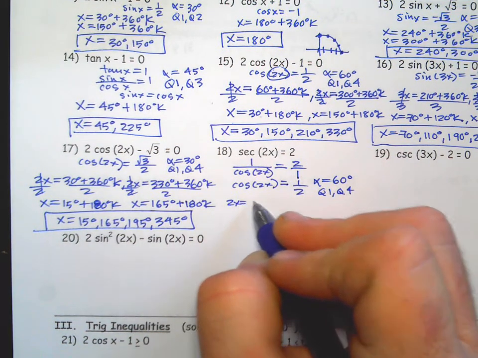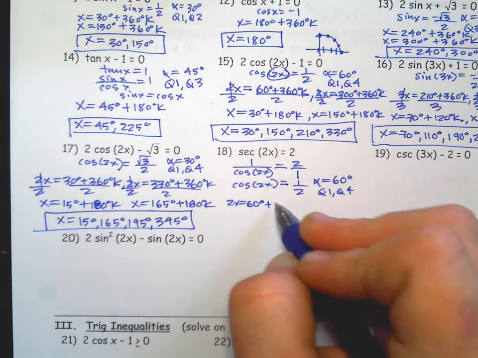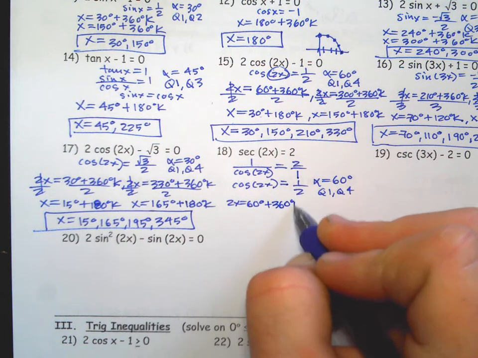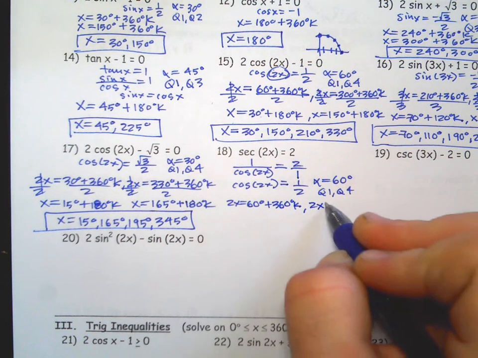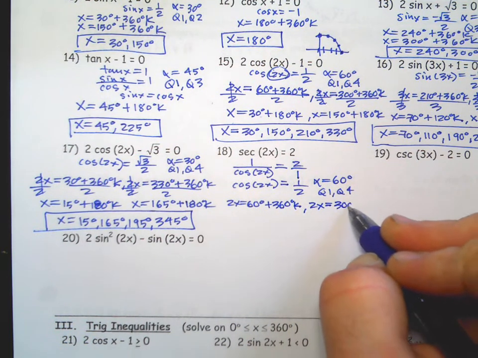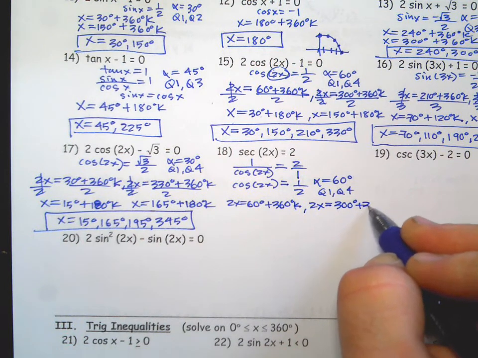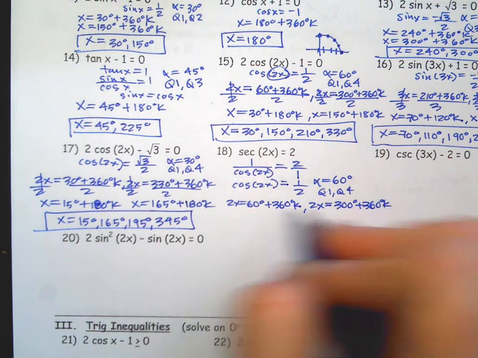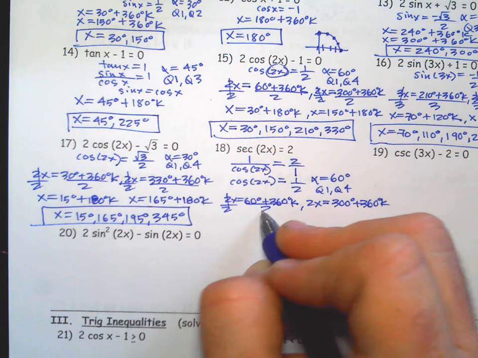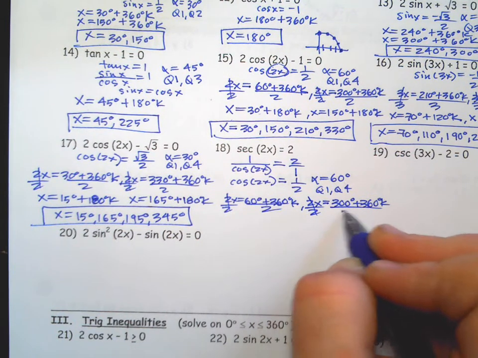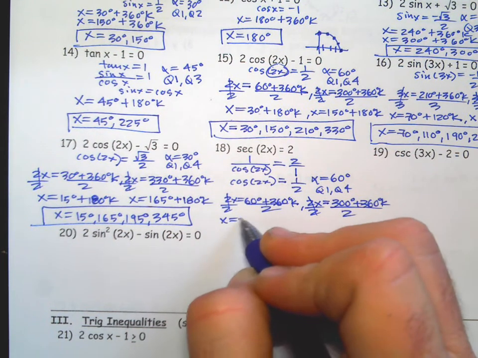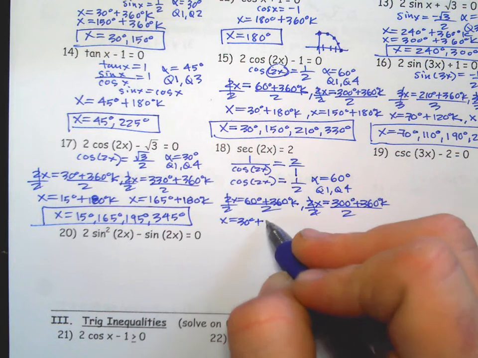2x equals 60 plus 360k. 2x equals, quadrant 4 would be 300. 360 minus alpha plus 360k. Divide by 2, divide by 2, divide by 2, divide by 2. And we get 30 degrees plus 180k.